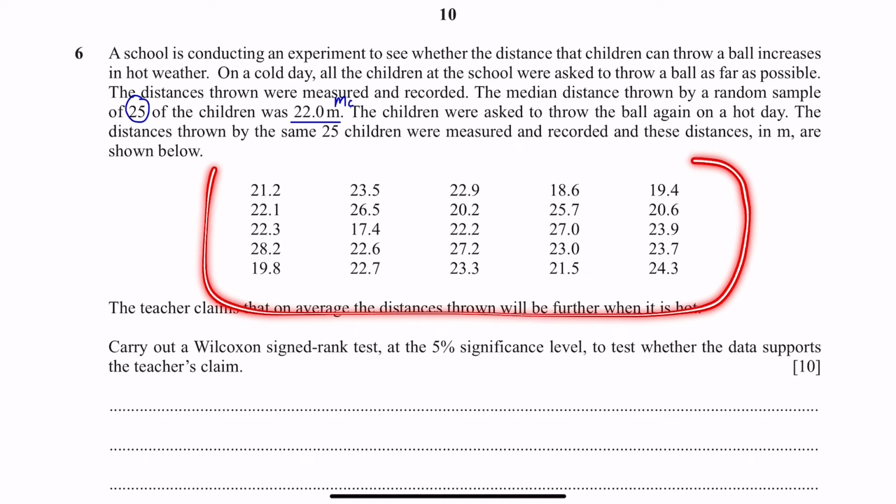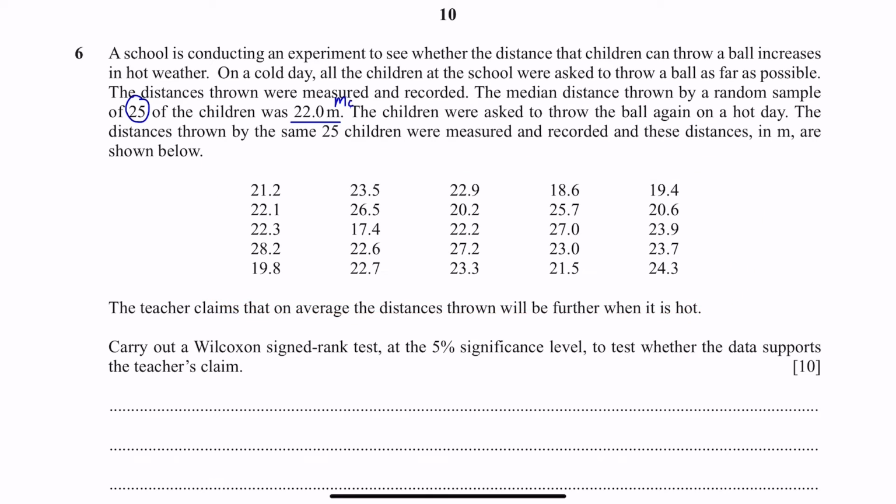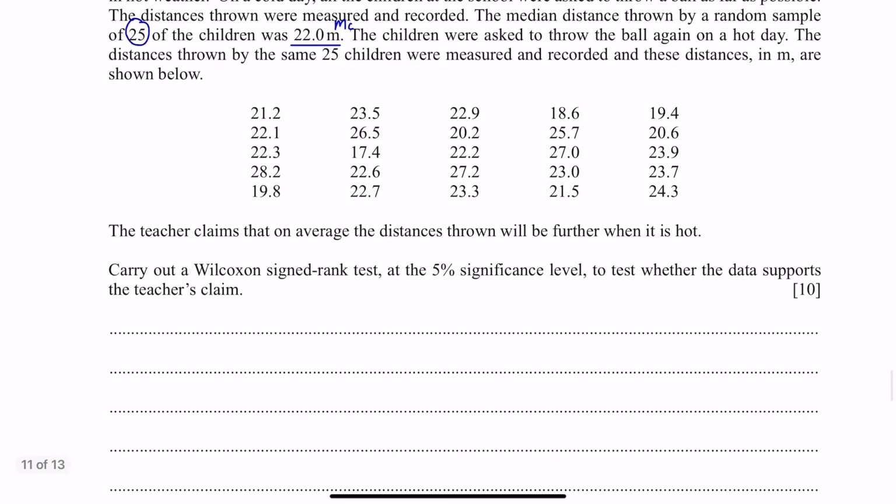So this would be the data of the 25 children on a hot day. There are 25 children in total. So the teacher claims that on average, the distances thrown will be further when it's hot. So the teacher believes that the distance would be more than 22.0 meters when it's hot. Carry out a Wilcoxon signed rank test at 5% significance level to test whether the data supports the teacher's claim.